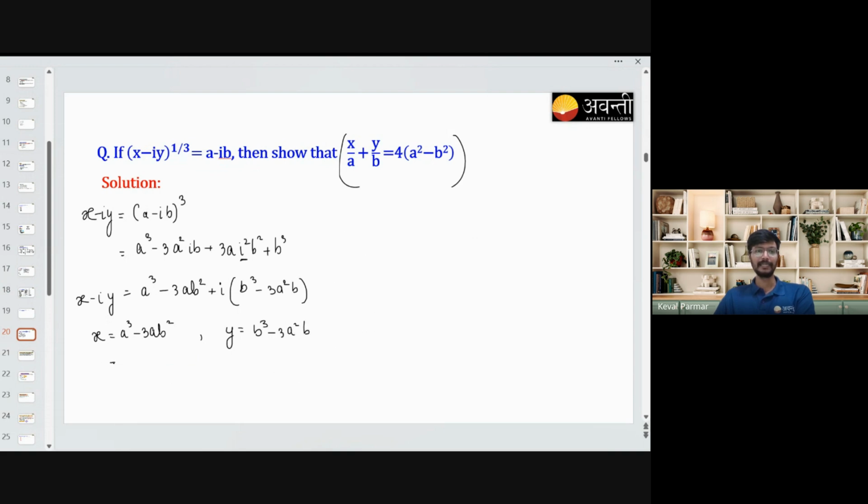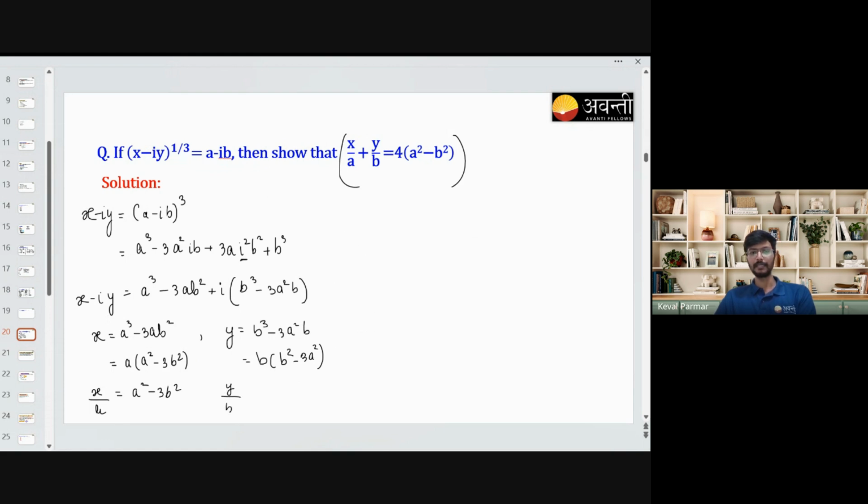We can take a common, so we'll get a square minus 3b square. Similarly, here we can take b common, we get b square minus 3a square. So here we can take a down. So we'll get x by a equals a square minus 3b square.